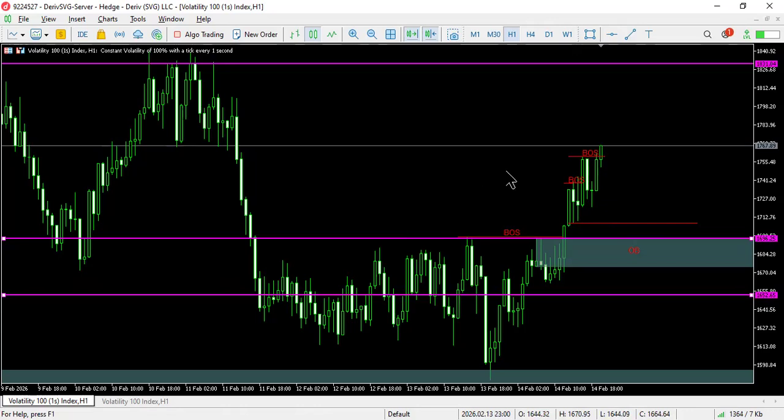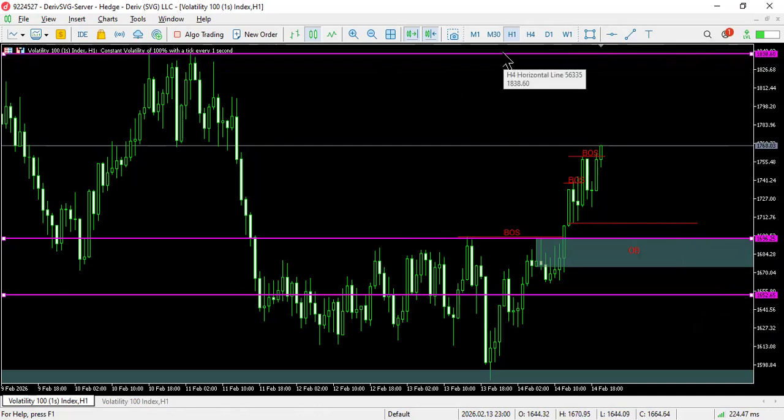Therefore, you can go ahead and place a buy limit on Volatility 101S with your entry price at 1696.25, with your stop loss at 1652.65, and then with your take profit at that swing high, your take profit at 1838.15.